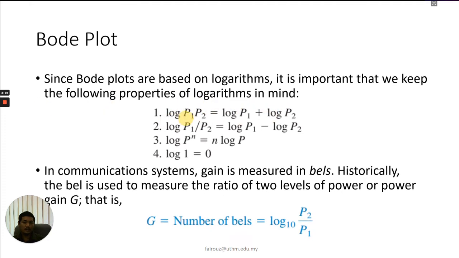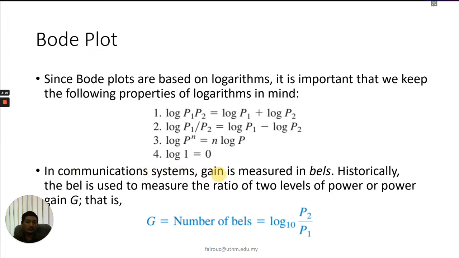The log of a multiplication of two values, p1 times p2, is the same as the log of each value individually, added together. If it is p1 over p2, the log equals log p1 minus log p2 if we separate them. Then log p^n equals n log p, and log 1 is 0. You can try this on your calculator. Log 1 is 0.